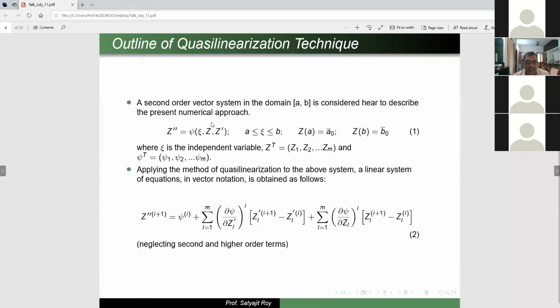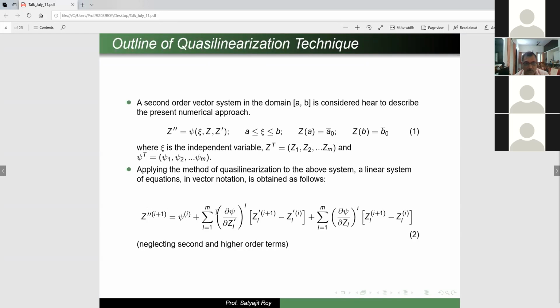Now here a second order vector system is given. We have taken a simple form, though we can have any arbitrary form. Here Z is a vector with many variables Z1, Z2, up to Zm. The solution vector is this, and Xi is the independent variable.